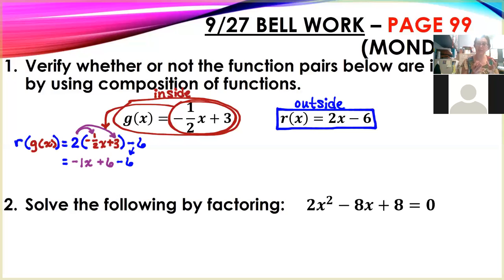And then I need to finish simplifying, so I'm going to combine any like terms together. Well, these two right here are like terms. What happens when I combine those two? You get 0. Absolutely correct. And Axel, I see your responses in the chat as well. So I get negative 1x when I finish simplifying.